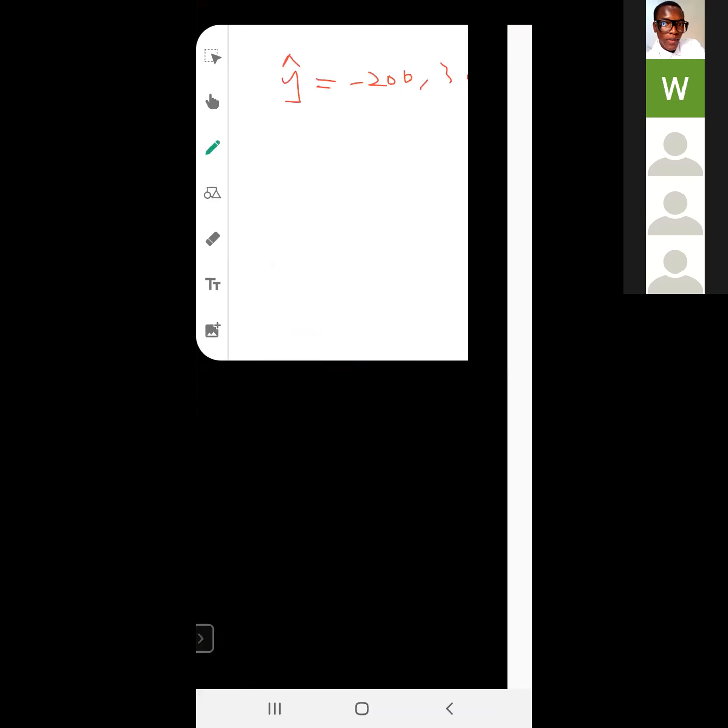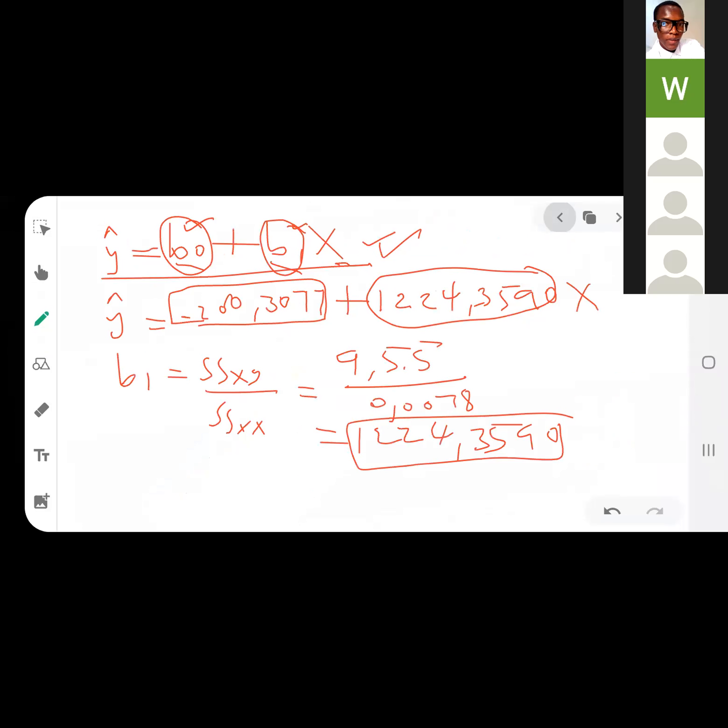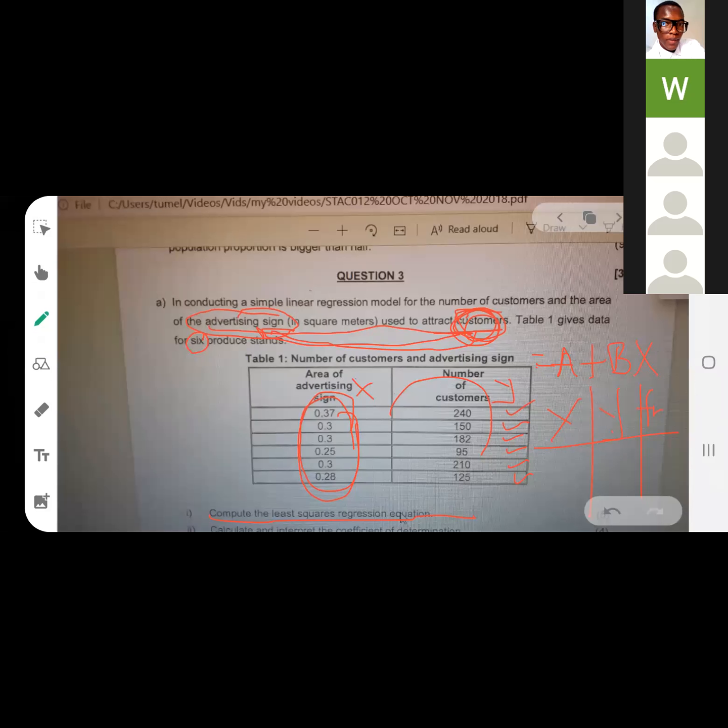So what you are supposed to do is to substitute. You go back to your question paper. Where you see X, you will write advertising area or area of advertising. And then where you see Y, you will write number of customers.